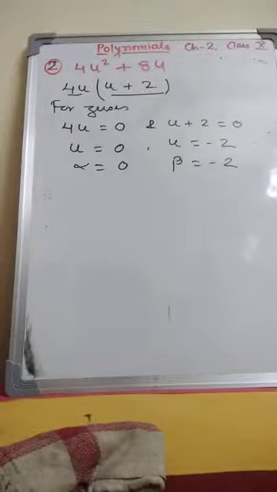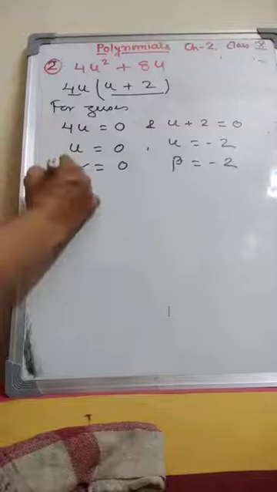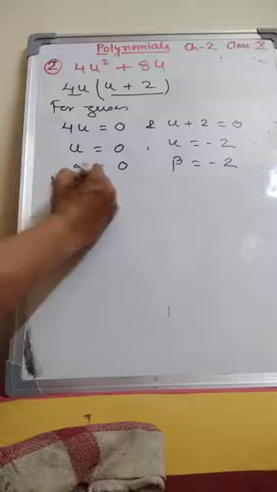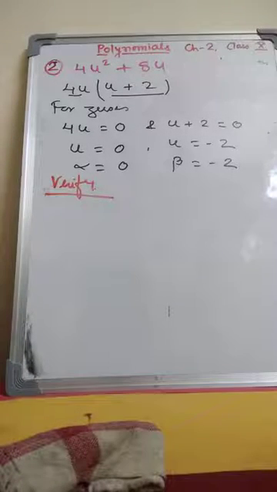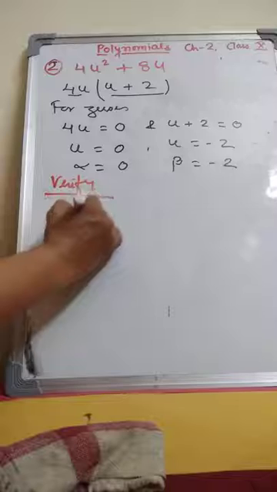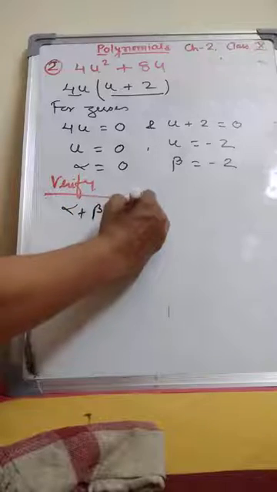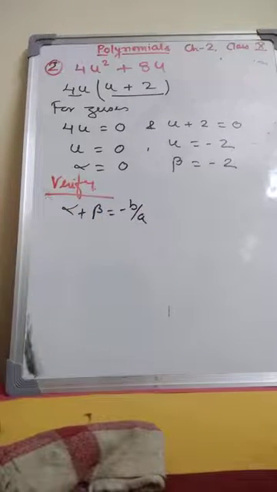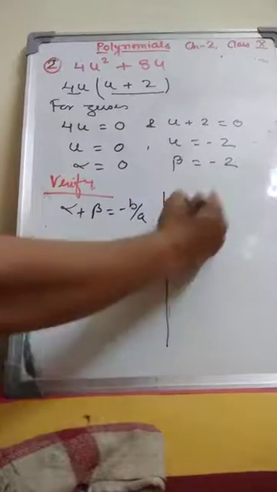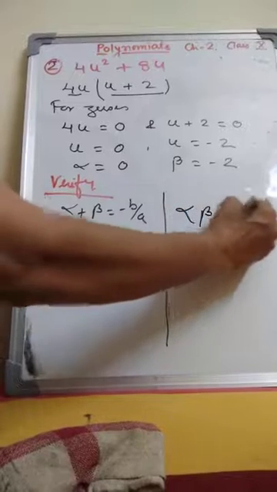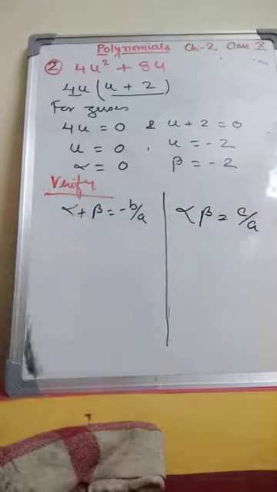Now, there is the verification rule. How to verify? Verify alpha plus beta is equal to minus b upon a, and the second one is alpha into beta is equal to c upon a.